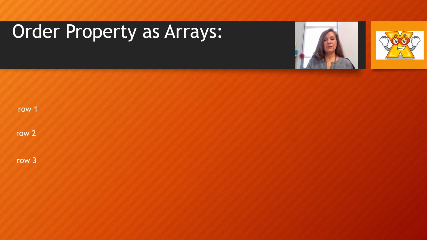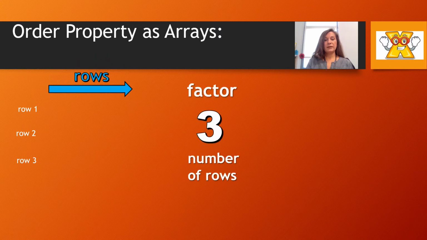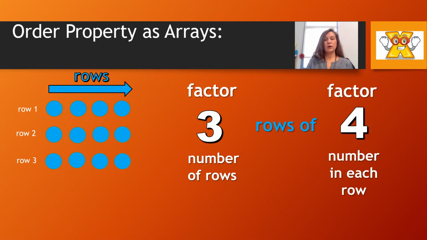So what happens whenever I switch my factors? So now I have 3 rows. I have my 3 rows, but this time I have rows of 4. There's going to be 4 in each row. So now I have 4 in each row, and I have 4 plus 4 plus 4 now.